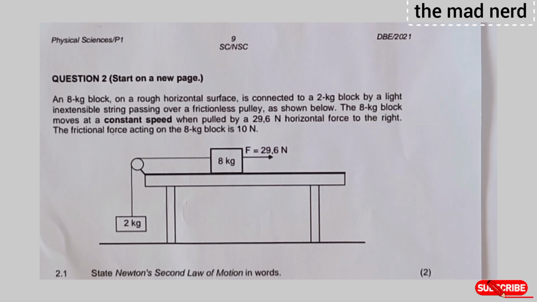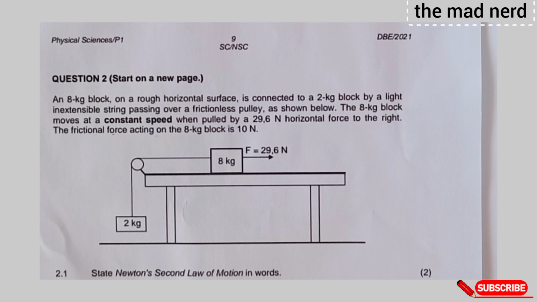An 8 kg block on a rough horizontal surface is connected to a 2 kg block by a light inextensible string passing over a frictionless pulley, as shown below. So they are talking about this system. The 8 kg block moves at a constant speed, and "constant speed" is written in bold, when pulled by a 29,6 newton horizontal force to the right.